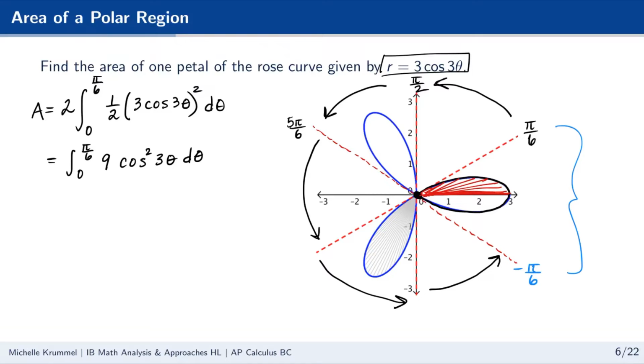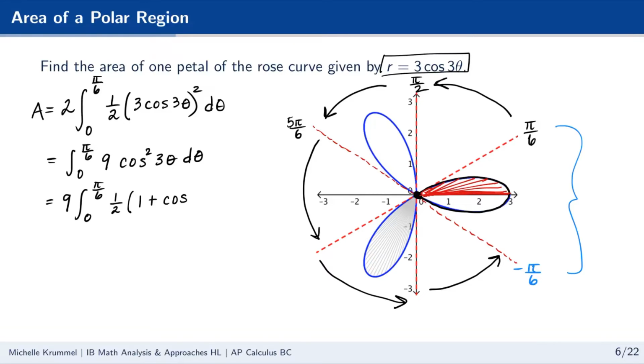Now the 9 is a constant multiple. It can come out. 9 times the integral from 0 to pi over 6 of cosine squared 3 theta d theta. How do you integrate cosine squared? You power reduce. So the power reducing formula is going to give us 1/2 times 1 plus the cosine, and then you double the angle.